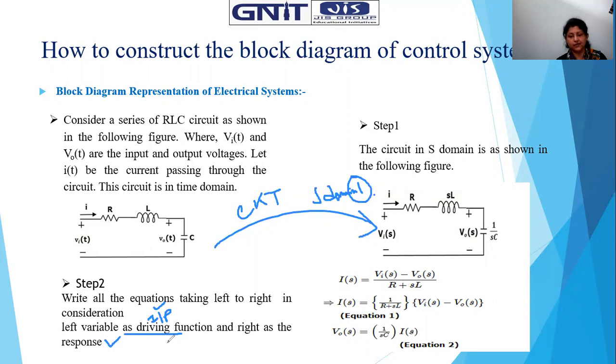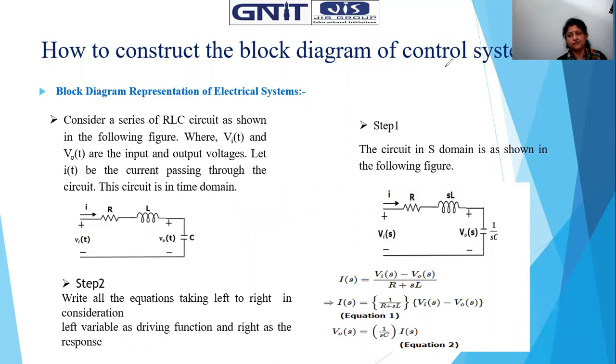Then the relation will be represented through an equation. So if we get one, two, three or more equations, for each and every equation we have to draw the block diagram, sub-block diagrams basically, and then combine all those block diagrams, so we are getting the final one.